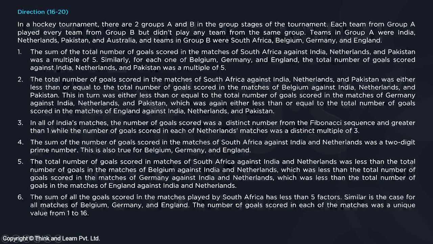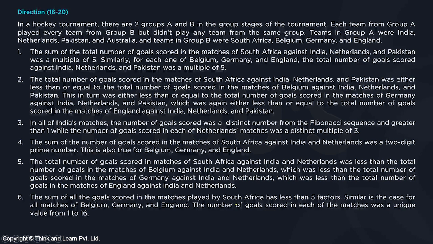Second one says the total number of goals scored in the matches of South Africa against India, Netherlands, Pakistan was either less than or equal to the total number of goals scored in the matches of Belgium against India, Netherlands, and Pakistan. Again, we have at least 3 numbers comparison, so we don't know what those will be right now. This in turn was either less than or equal to the total number of goals scored in the matches of Germany against India, Netherlands, and Pakistan.